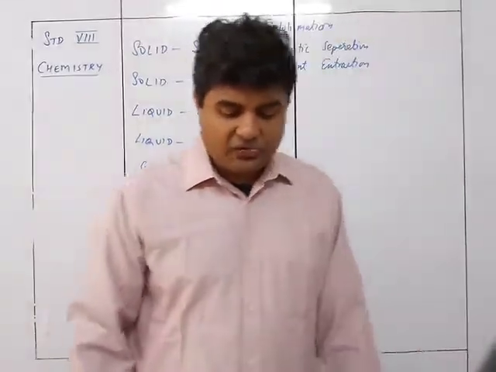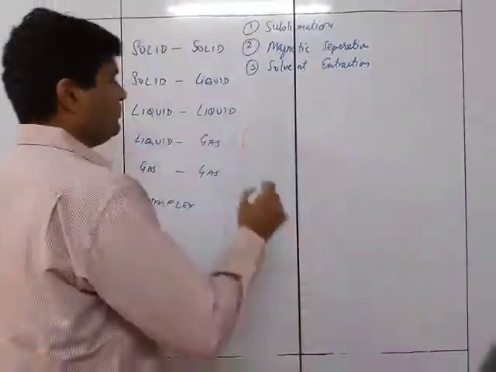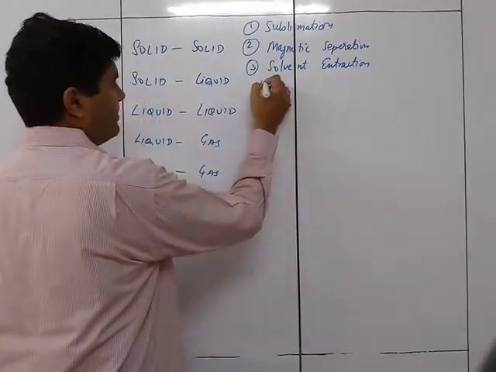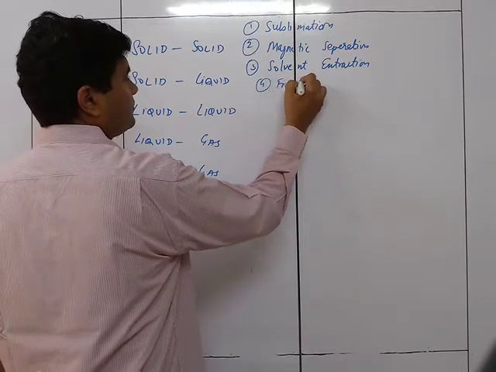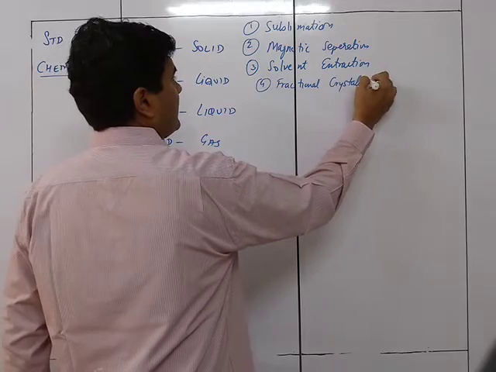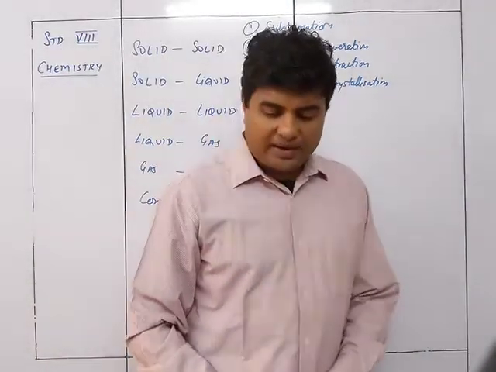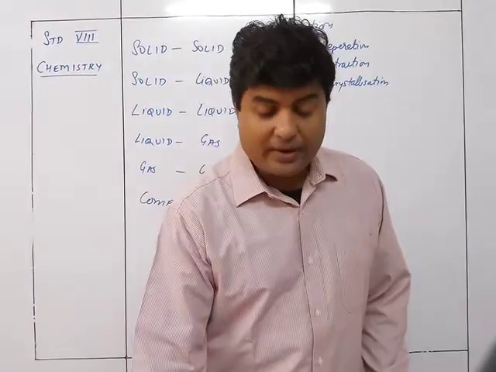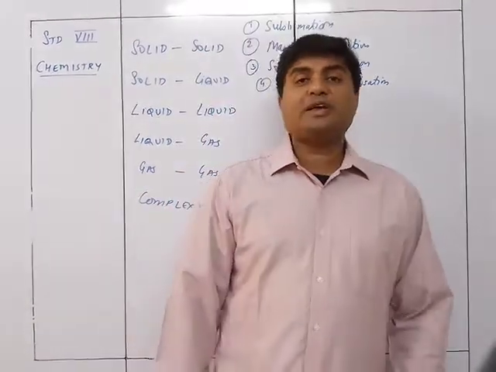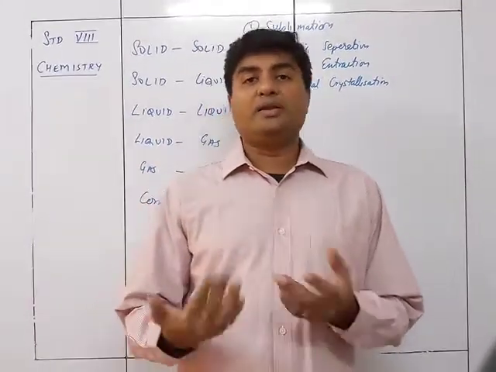And finally is fractional crystallization. That is going to be done in a different form, which we'll take up in a proper manner. So, fractional crystallization. Whenever you have, see, when 2 substances are dissolved in water, one of them will be more soluble than the other.